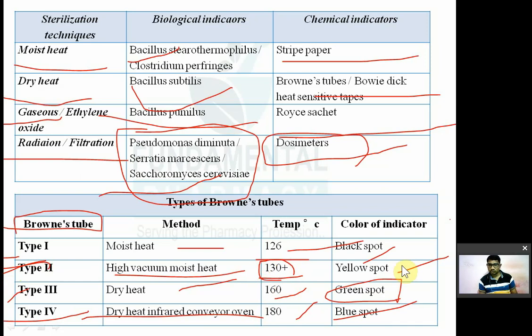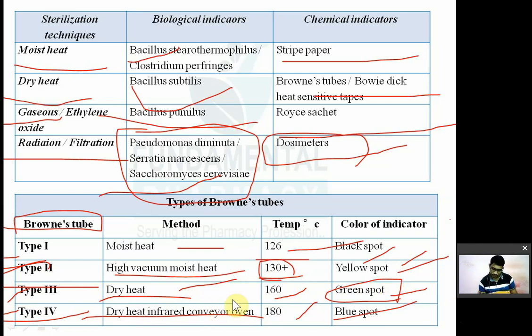Type 3 is used for only dry heat, when temperature goes to 160 degrees Celsius, it will show a green spot. Type 4 is used for dry heat as well as infrared conveyor oven, when temperature goes to or exceeds 180, it will show a blue spot.